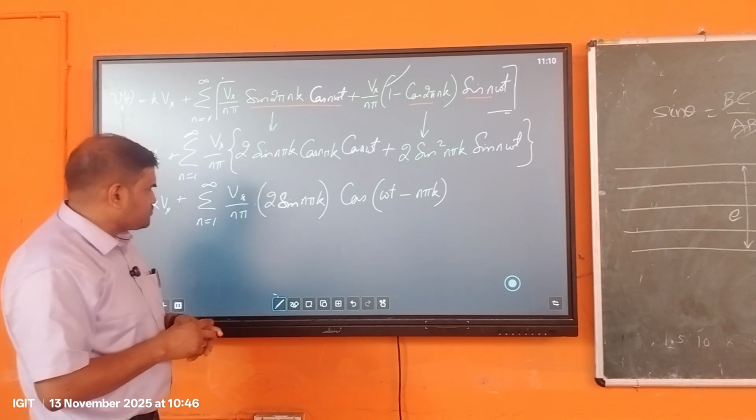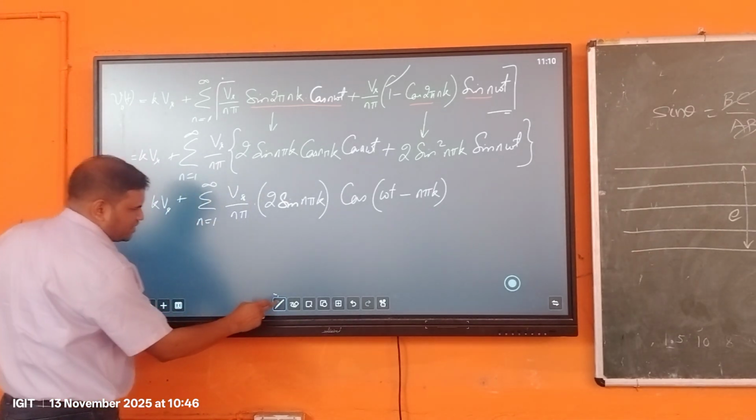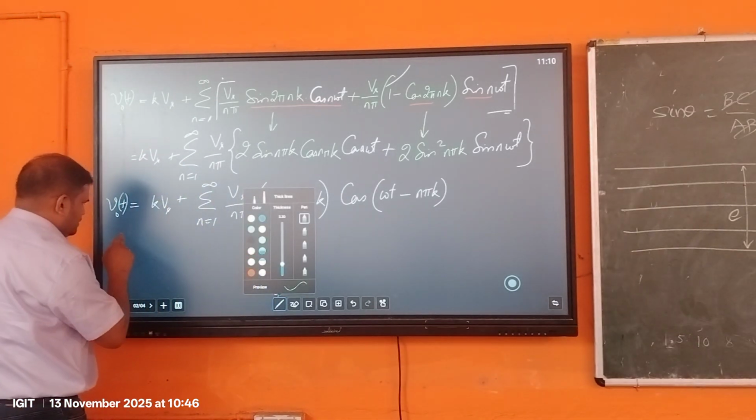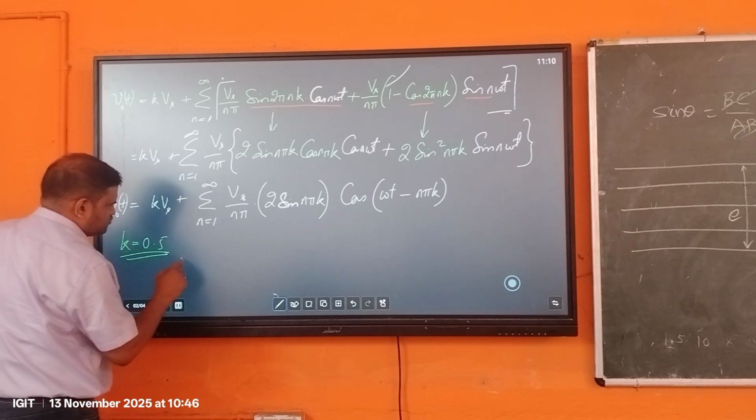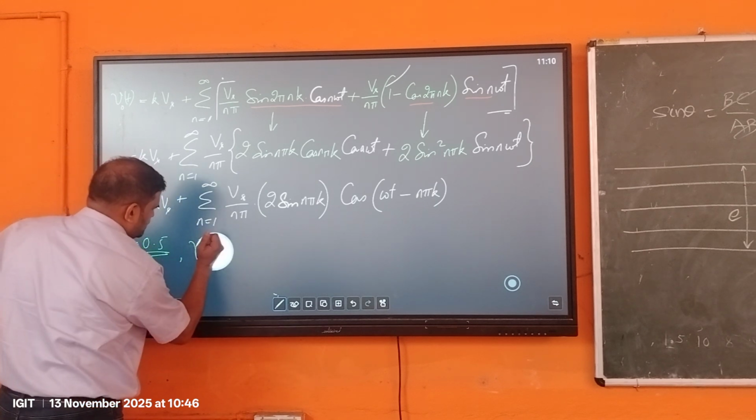Okay, let us now put the value of k equals 0.5. Let k is equal to 0.5. In this situation, what is V0t?